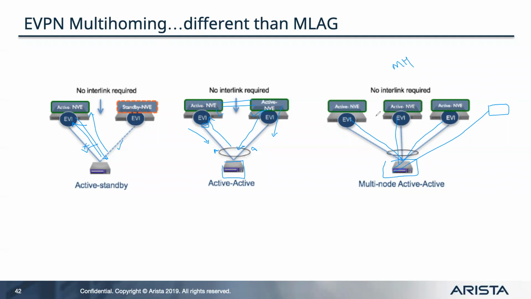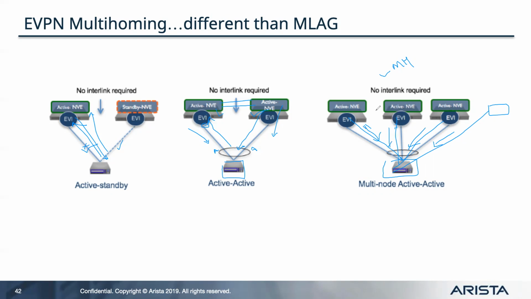But obviously all the issues we discussed here will also be present here, because the ARP request might go to any other device. We will keep flooding BUM traffic on all the links, multiple copies will be received by this guy, and the MAC will not be synced. So these are the different issues we will see with multi-homing, because MLAG is not there.